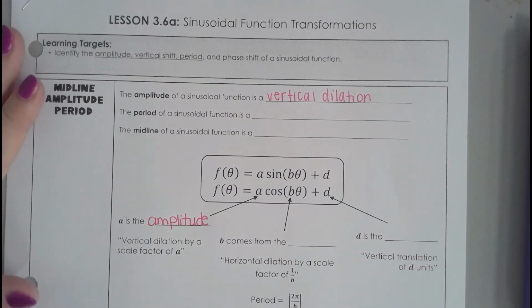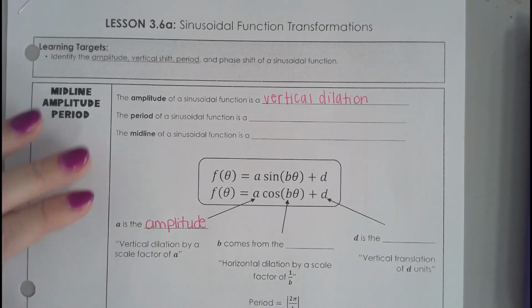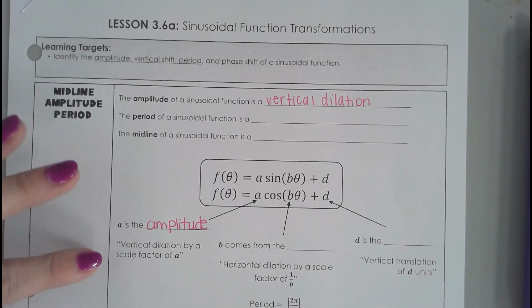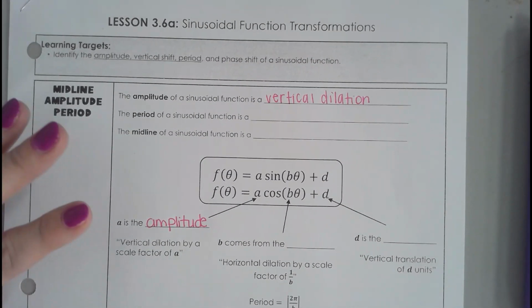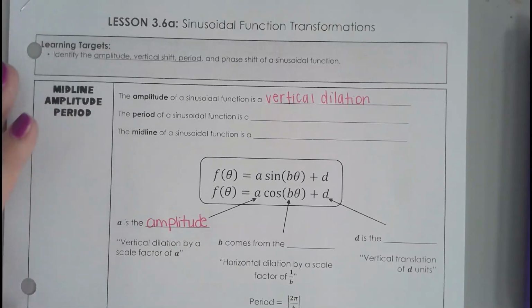If it's referring to the transformation, the way we would word that is we would say it's a vertical dilation by a scale factor of whatever that number is.